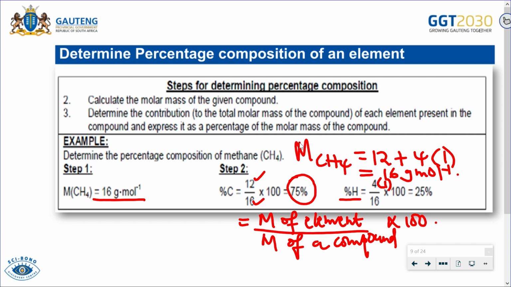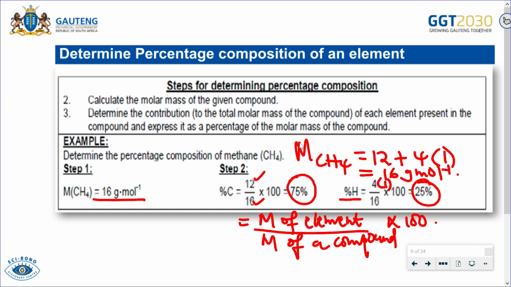In this case, for hydrogen, we have 4 hydrogen atoms in one molecule of methane. The relative atomic mass of hydrogen from the periodic table is 1. Hence we said 4 times 1 divided by 16, which is 4 over 16 multiplied by 100.